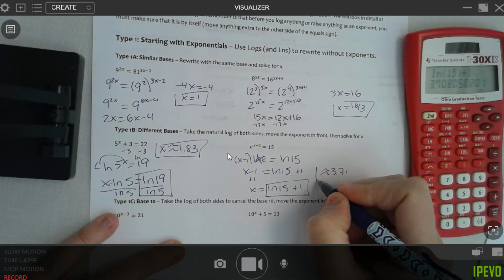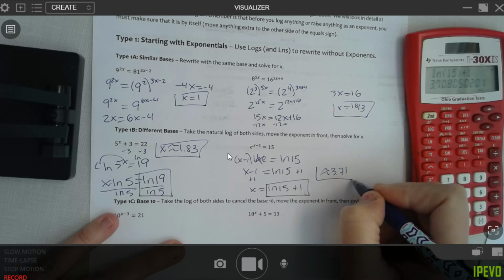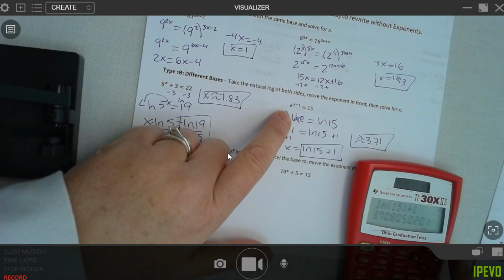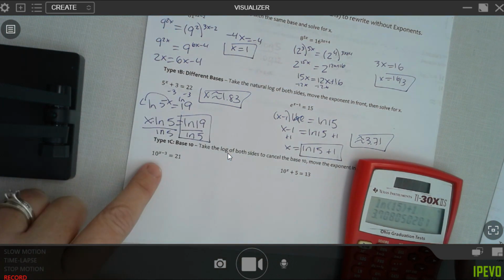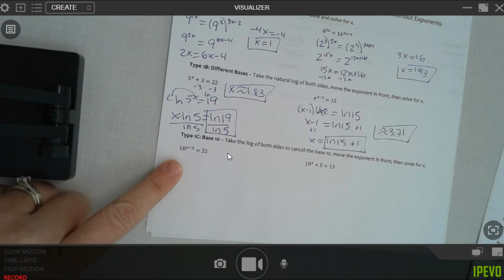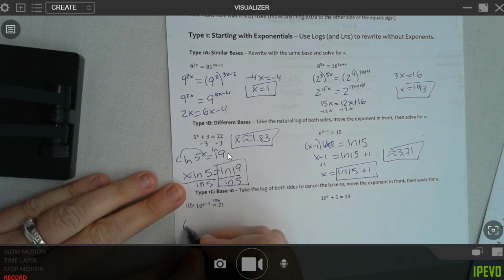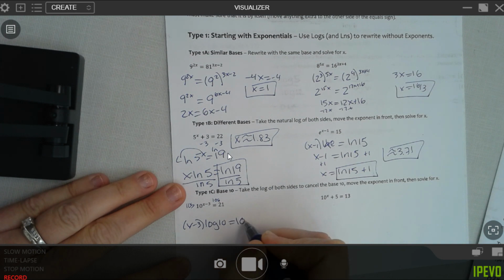Okay, so I'm very partial to natural logs because that's what we use in upper level mathematics. But down here, when we have a 10, remember log's base is 10. So like right here, I did the natural log of e, and it became 1. If I do log down here, that's also going to become 1 for us. So if I log both sides of this, I'm going to have x minus 3 log of 10 equals log 21.